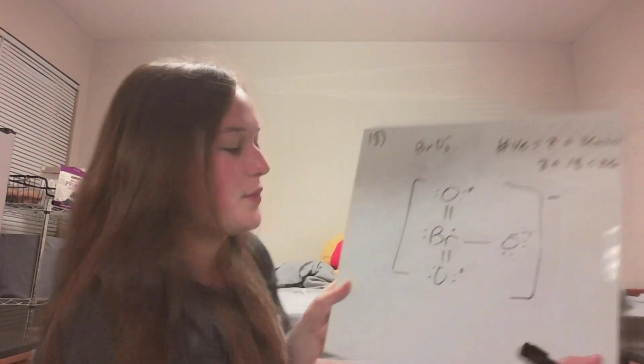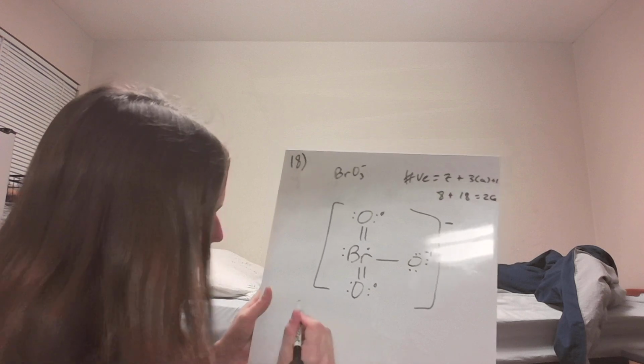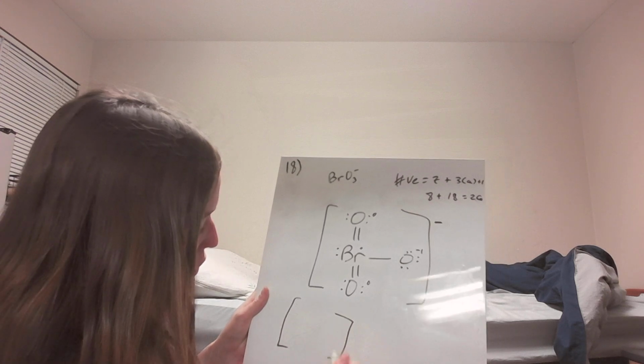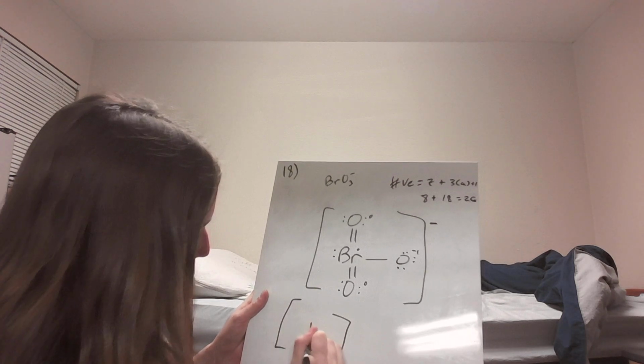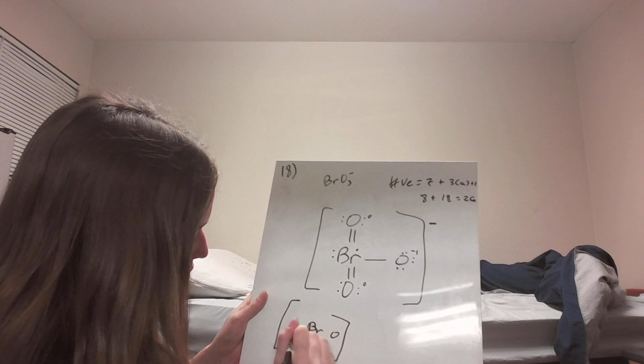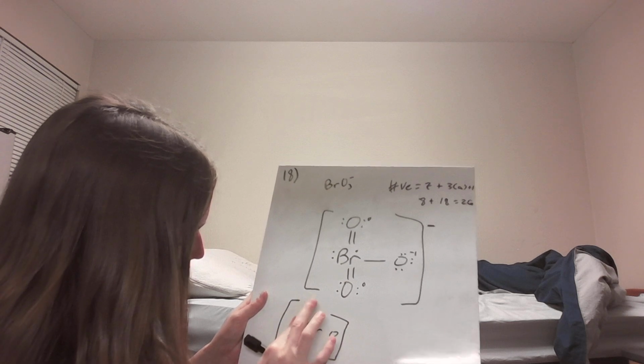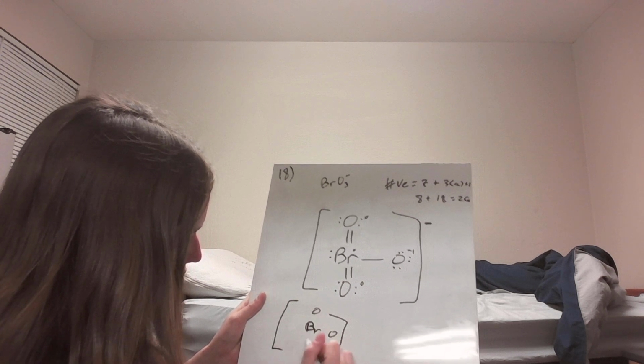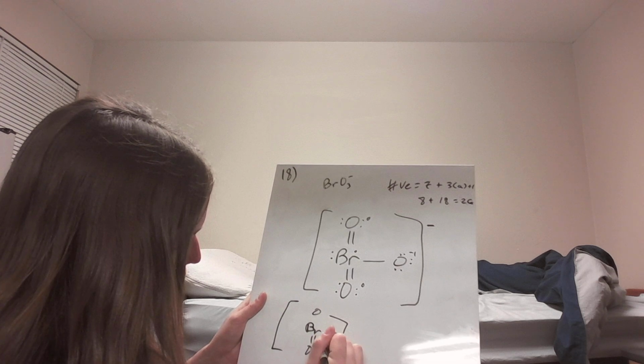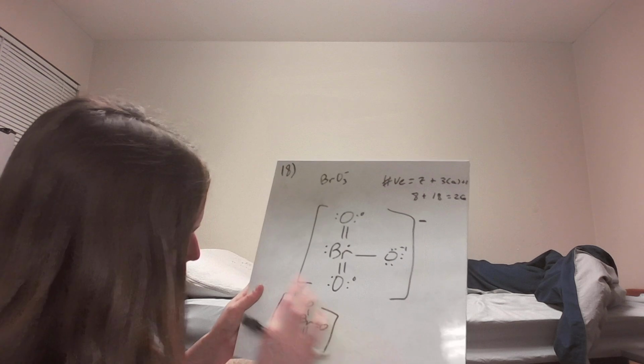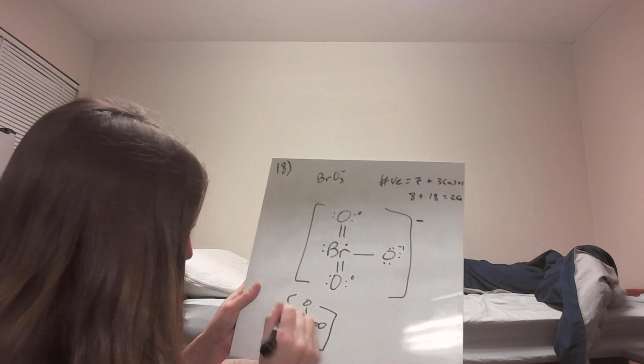That's how this looks, but we run into the problem again, where it's only going to form 2 other resonance structures. So BrO, O, O, or O, O. Sorry guys, my handwriting's atrocious.